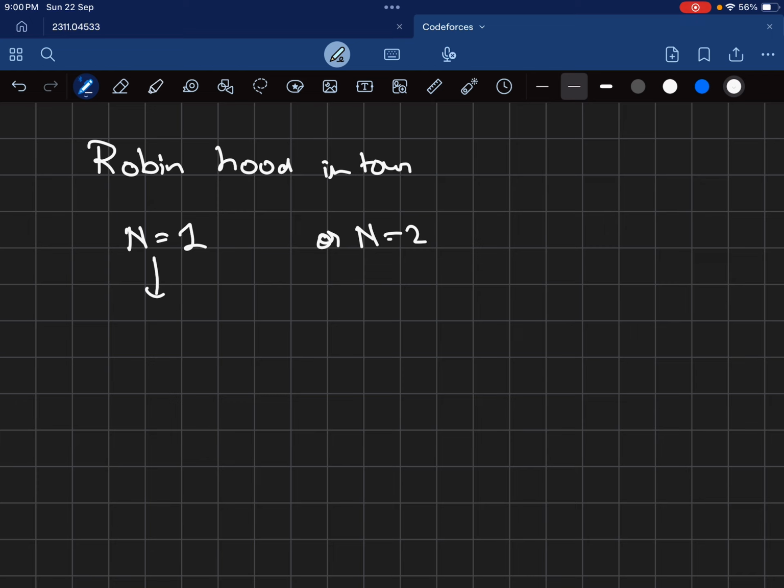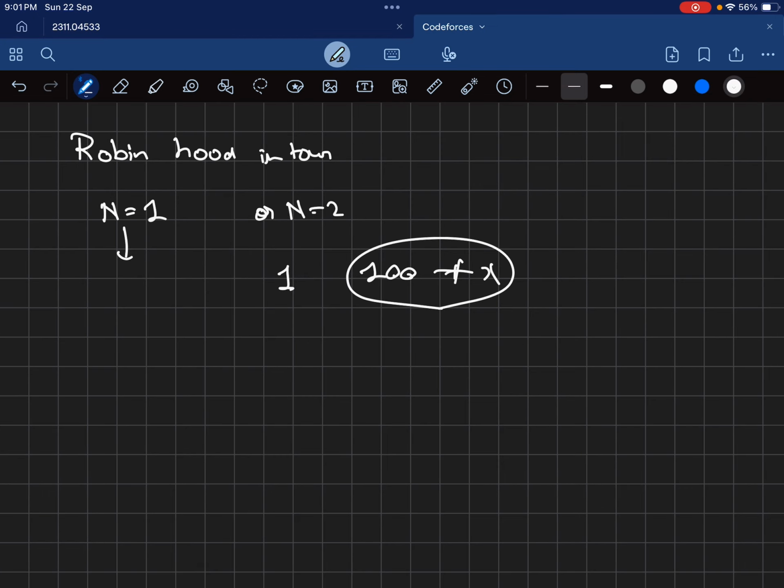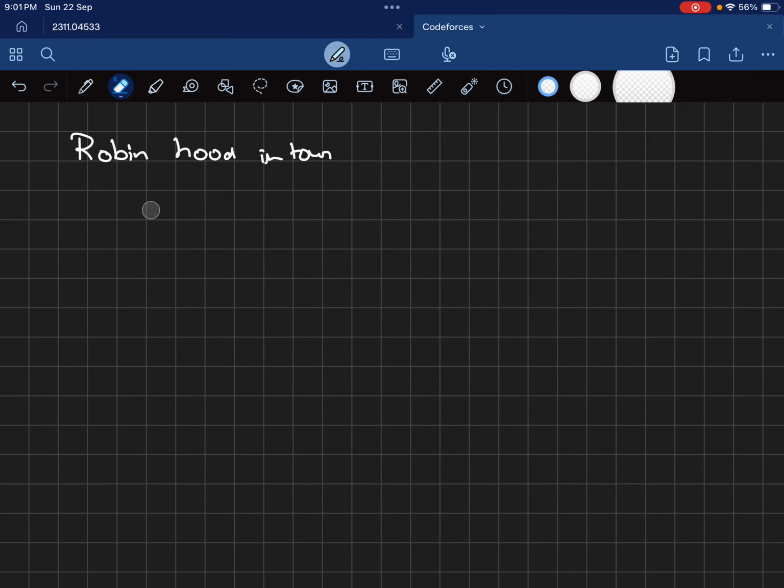When there are two people, if we have wealth disparity like 1 and 100, no matter how much the richer person gets, it won't ever happen that strictly more than half of the people are dissatisfied. So when n equals 1 or 2, we can just print -1, saying that there does not exist any amount by which people would be sad.